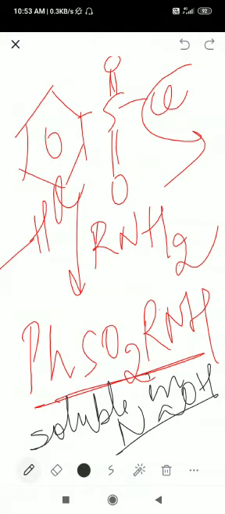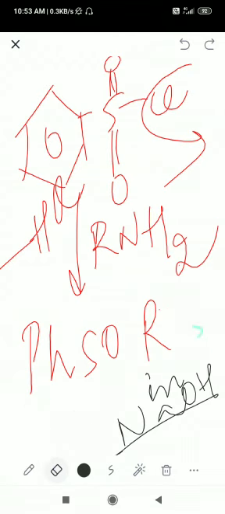Okay. Now let us write the same for 2-degree amine. For 2-degree amine, for example, we are having again PhSO2Cl, and we are adding a 2-degree amine, that is R2NH.